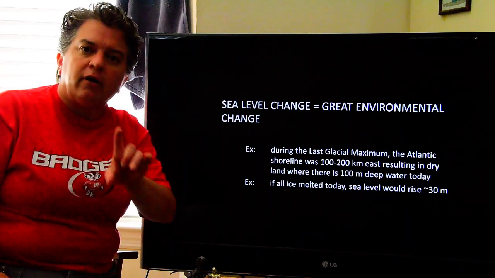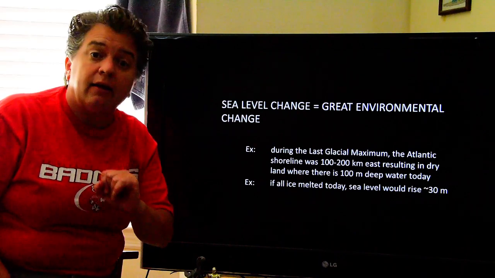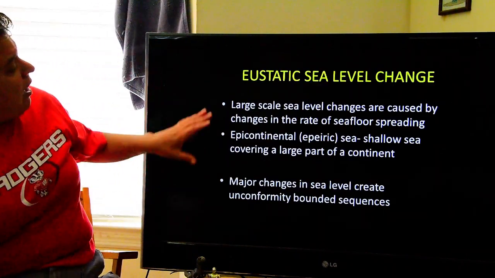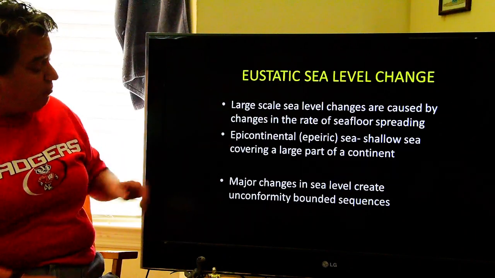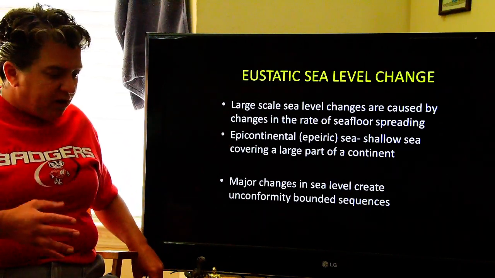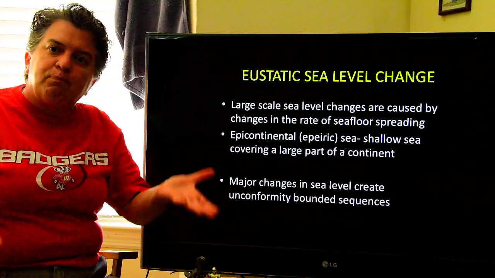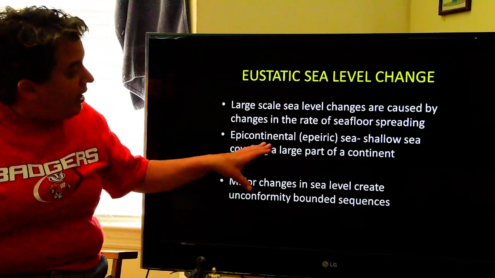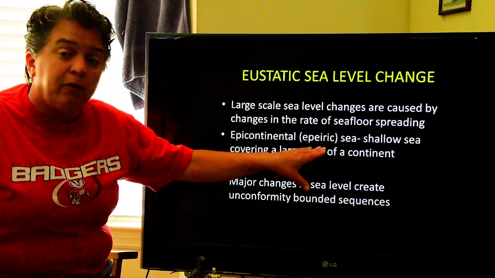In particular, they're controlled by how fast seafloor spreading is happening. If seafloor spreading happens really, really fast, it displaces water, pushes up sea level, and creates what are called epicontinental or epiric seas.